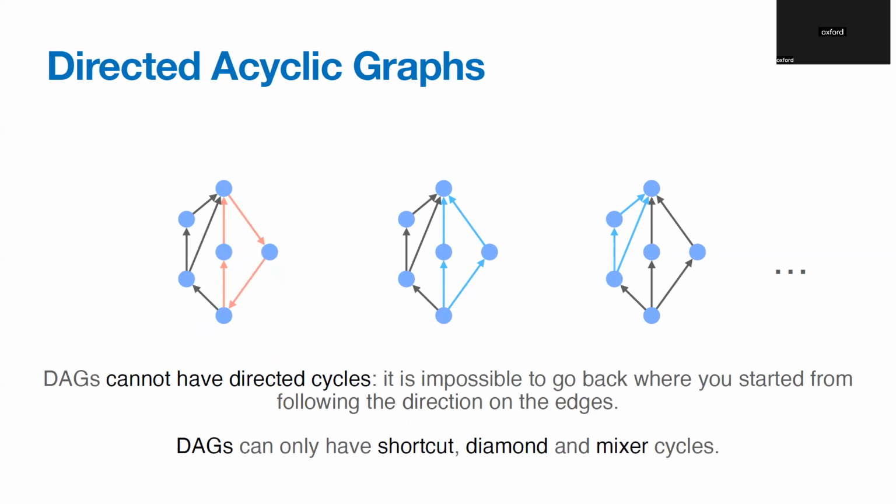But as we've seen, we can consider other types of cyclic structure in the underlying undirected graph and decorate it with directionality information that allows us to talk about certain types of cyclic structure in directed acyclic graphs. So as I said, no directed cycles, but shortcuts, diamonds, and mixes are all allowed in DAGs.